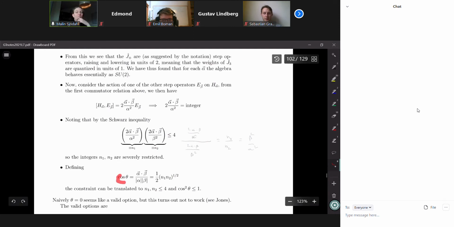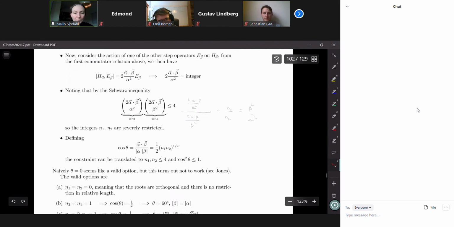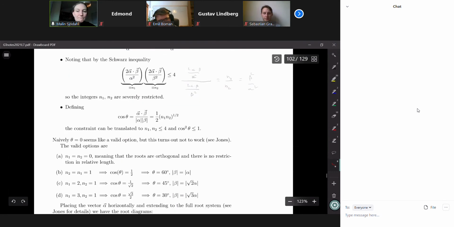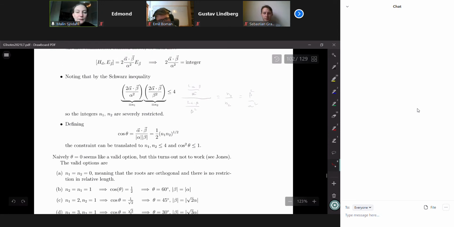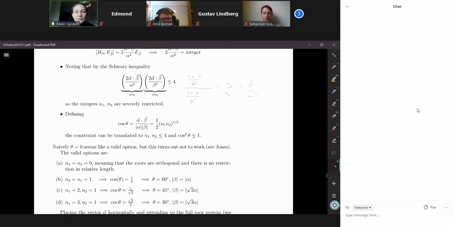Okay, so this means that the angle between those root vectors must be this, where each of the n1 and the n2 can be at most 4. So that means that we have a limited set of options.